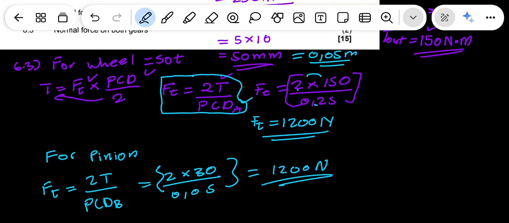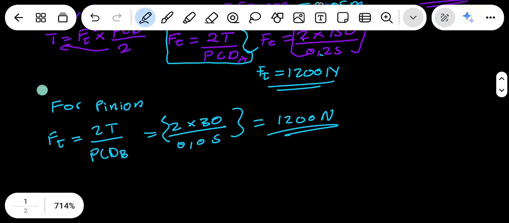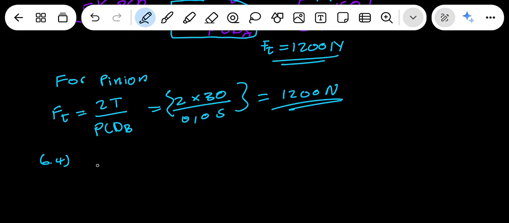So let's check now. 6.4 says the radial force. 6.4, we want the radial force. All right, what is the radial force? The radial force Fr is given by Ft multiplied by tan theta.